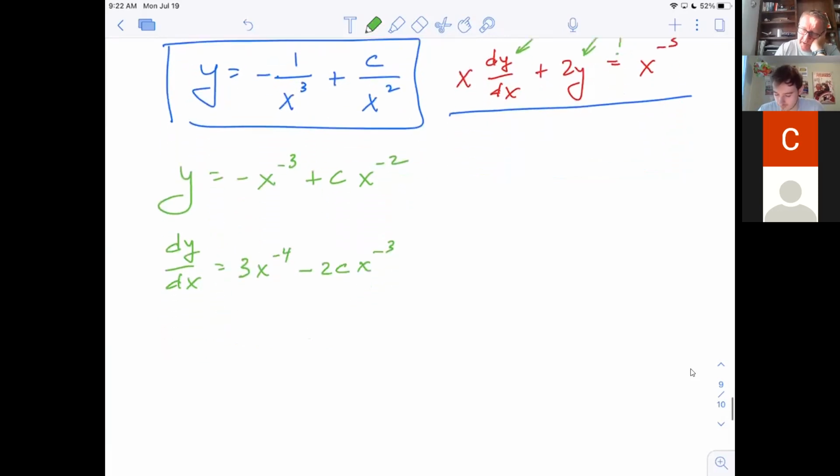So I'm now prepared to plug all that junk in here and here. The original problem said x times dy/dx, which I think is this. It's supposed to be 3 plus 2 times just y without a derivative, which is this.